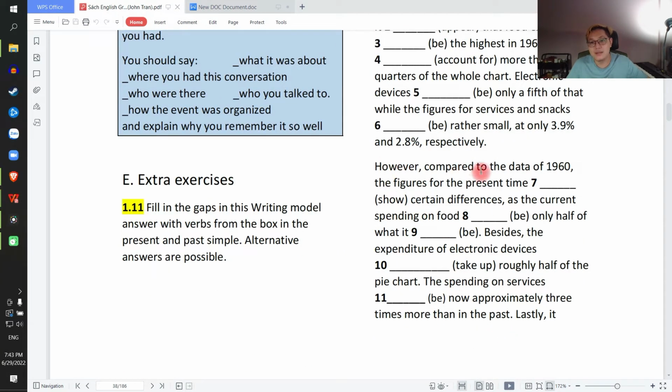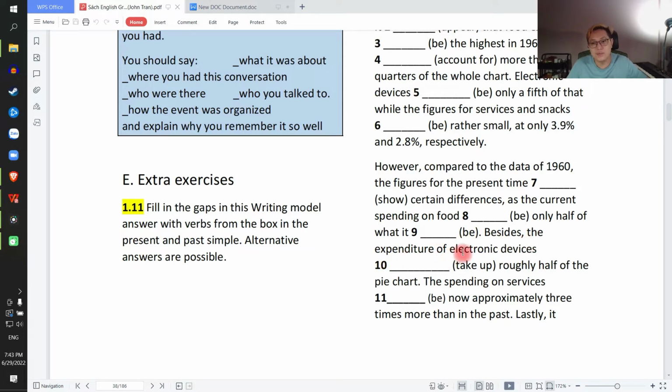However, compared to the data of 1960, the figures for the present time show certain differences, as the current spending on food is only half of what it was.